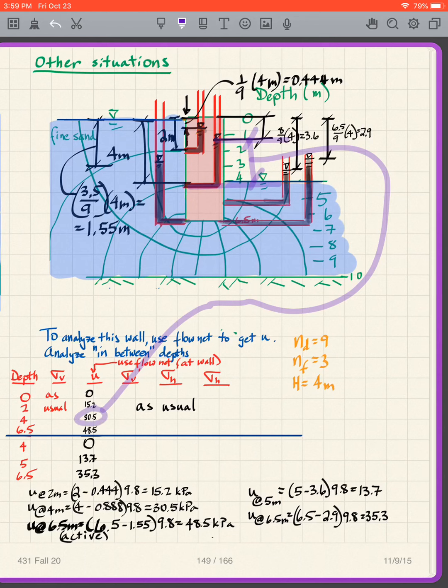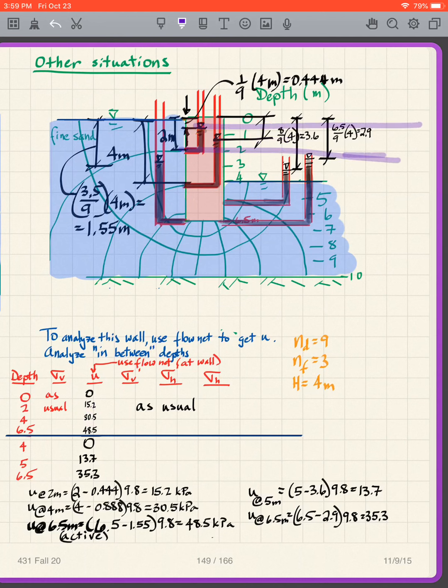That distance times 9.8 kilonewtons per cubic meter. And then this distance here would give me that value when I multiply it times 9.8. So you've got to look at the picture, do some scaling and things like that. And that's all about getting this u number. And then I have to repeat that exercise on the other side of the wall to get those numbers.